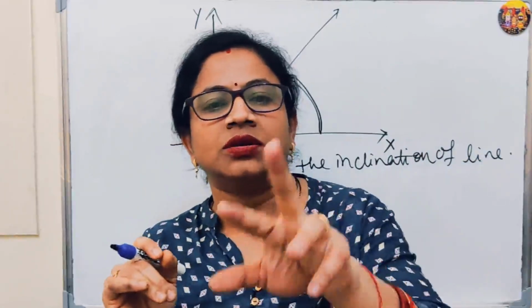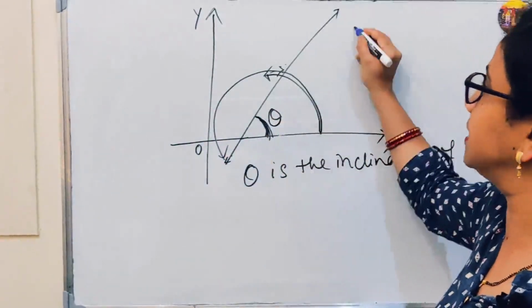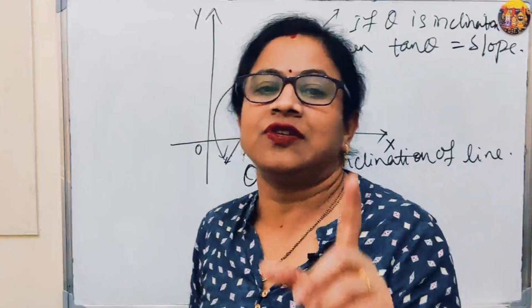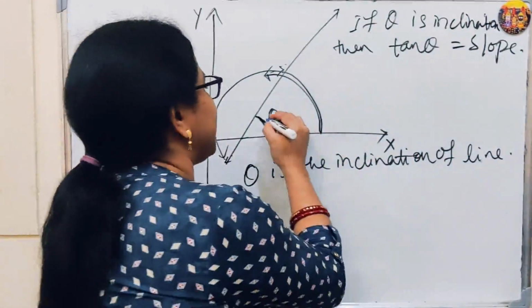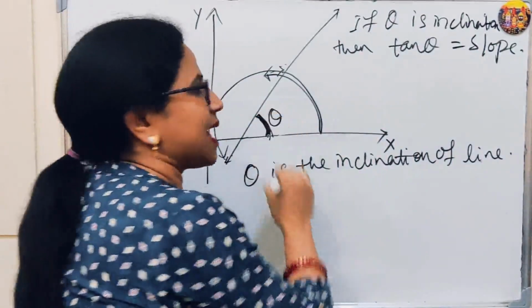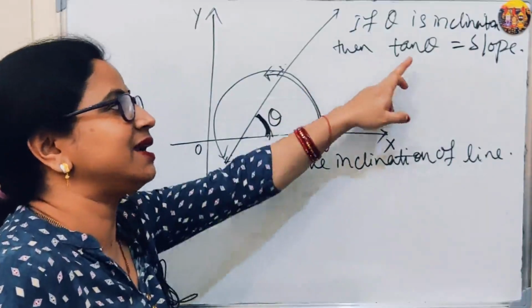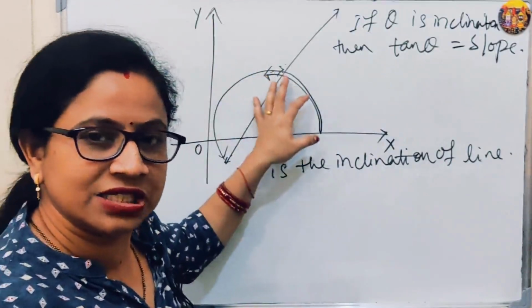Now coming to the slope of a line. So what is slope? If theta is the inclination, then tan theta is equal to the slope. If I know the value of this angle theta and I calculate tan theta, then I am calculating the slope of the line.